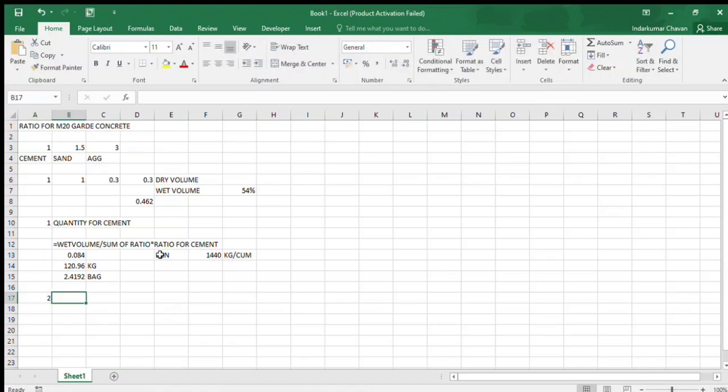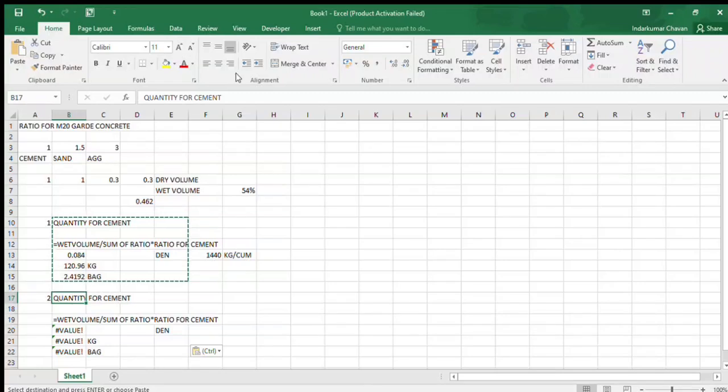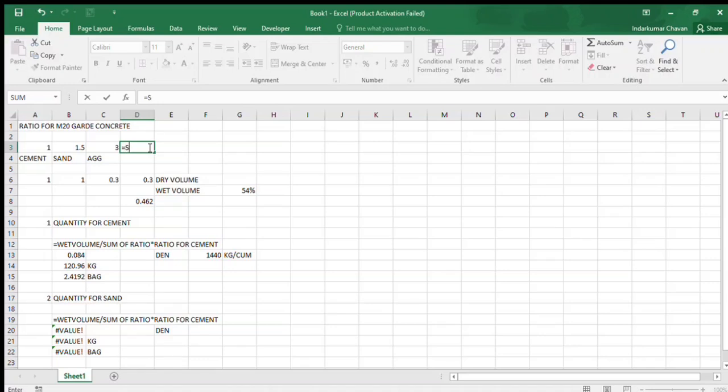Now the second step is the quantity for sand. I just copy that one and paste it. For the quantity of sand, I take the sum of the ratio: double click on sum, select the range and press enter.